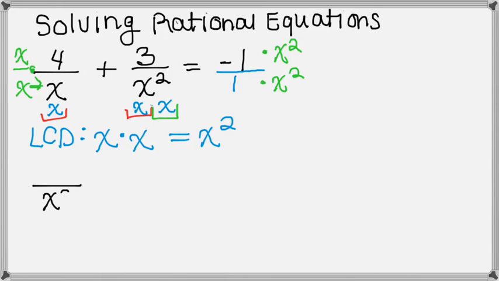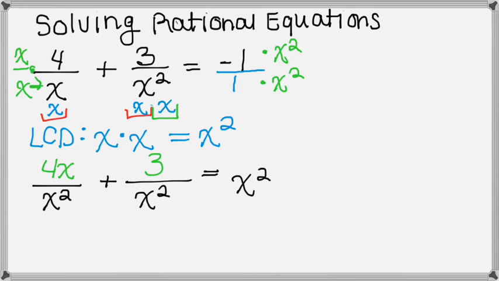And then I'm just going to rewrite the equation. And what's going to be in the denominator for each one is x squared, which is exactly what I wanted to happen. So 4x in the first one, we didn't change anything with the second fraction, so it stays a 3. And the -1 times x squared is negative x squared.